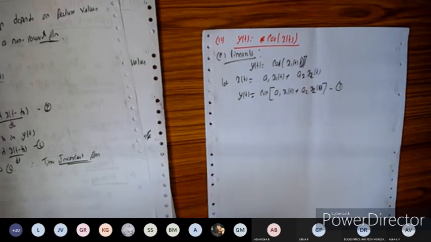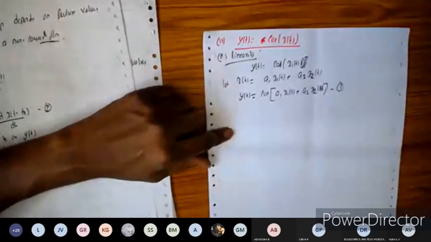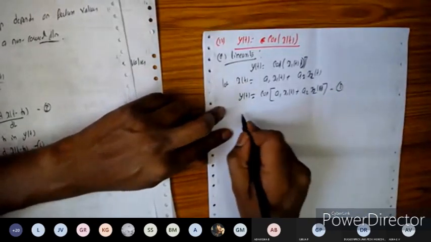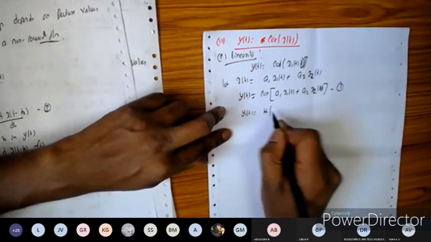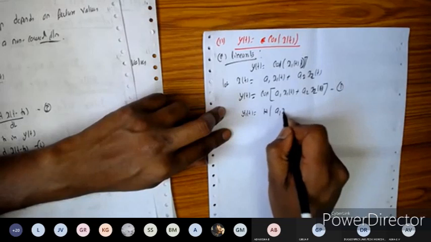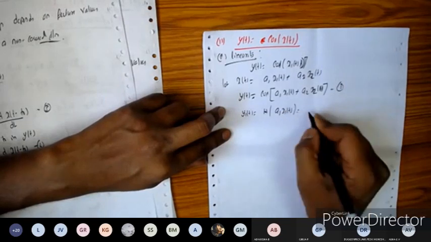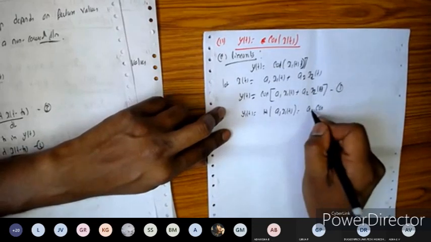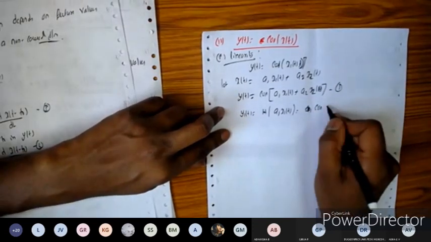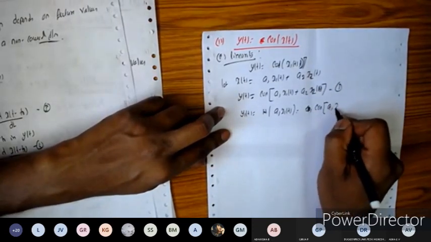Now let us take the individual inputs. Let y1 of t be equal to h of a1 into x1 of t, where the system operator is h. The output will be cos of a1 into x1 of t.